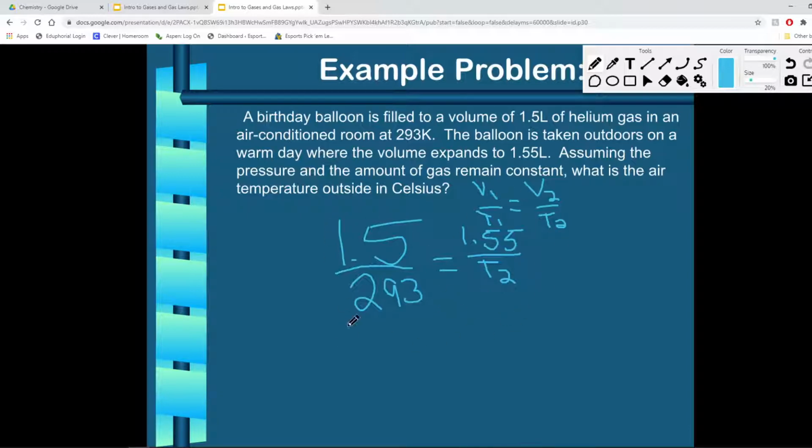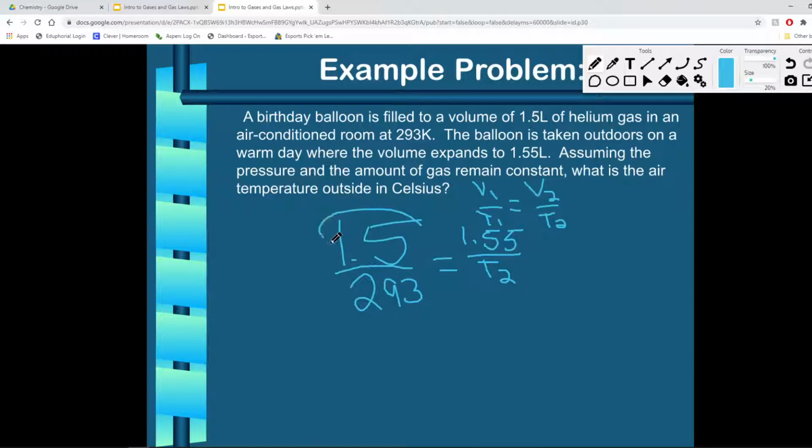We can multiply or divide these two, like regular algebra, to figure out what our variable is here. Or if you recognize this kind of format from when we talked about mole ratios and stoichiometry, we can solve this the same way we did those, where we use cross multiplication or the butterfly method. I think that's the easier way, so that's the way that I'm going to do it for this example.